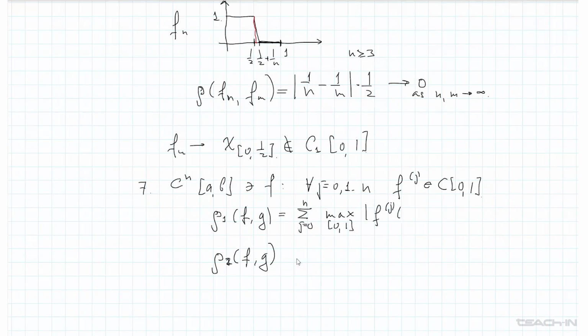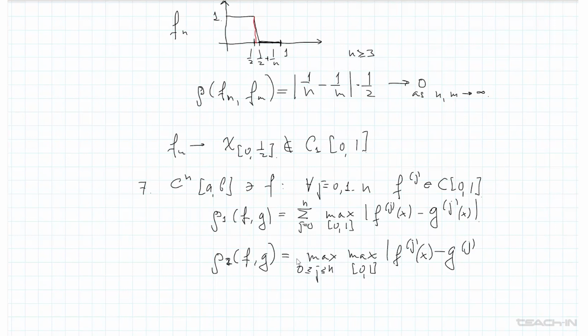And the second type takes the maximum over j of the maximum over x.